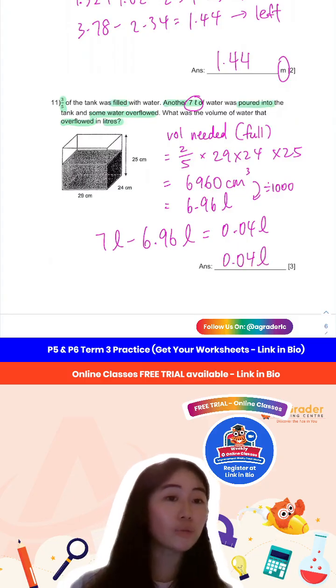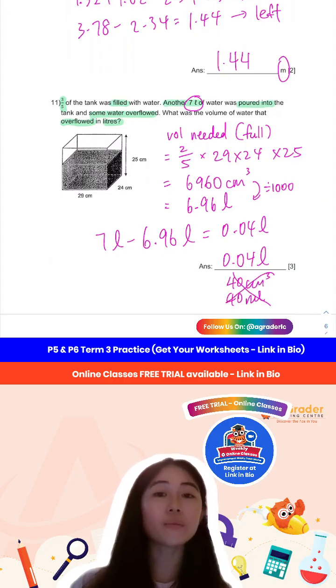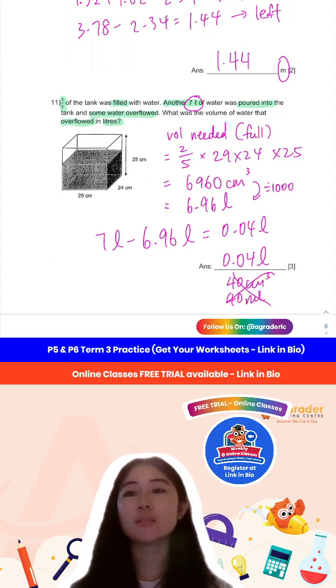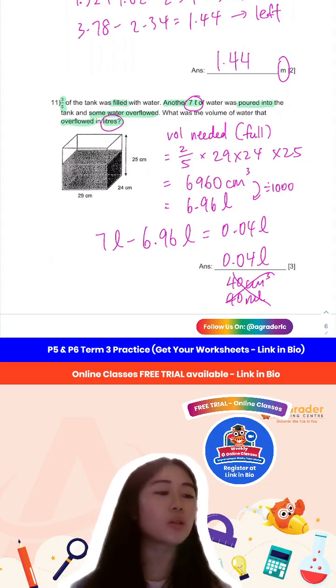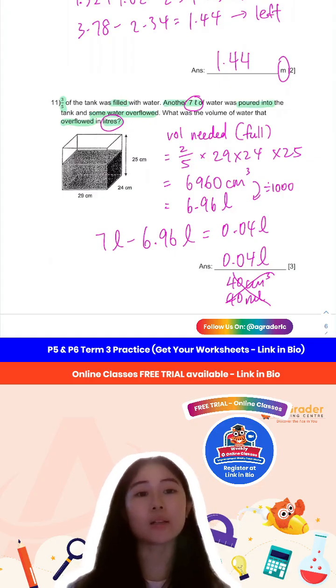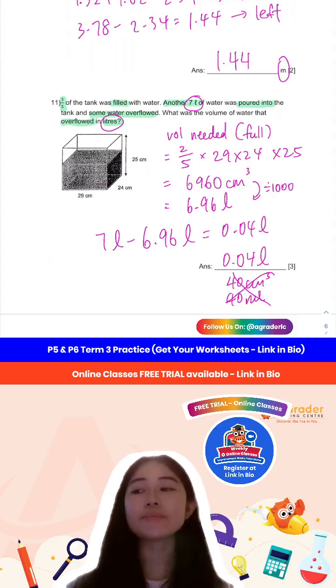I think quite a few of you got correct. But if you put cm cube, or if you put milliliters, then wrong, because the question specifically stated they want it in liters. So just take note of that. Then you won't be able to get the answer mark, so you'll get 2 marks for this question instead of 3 marks.